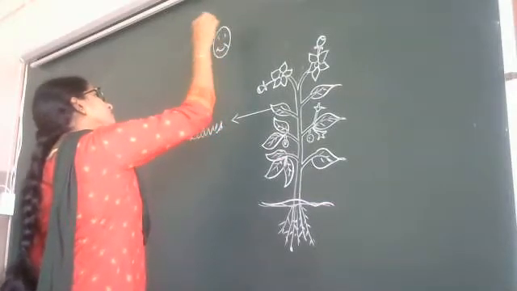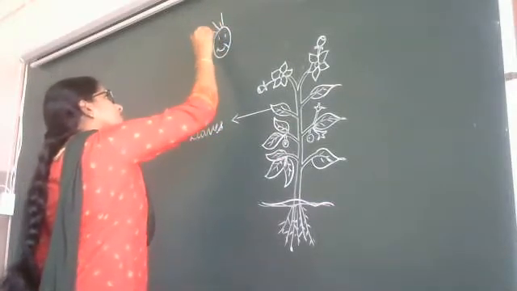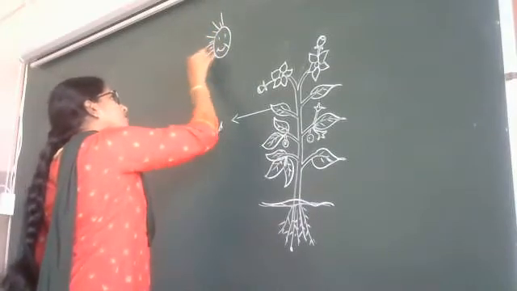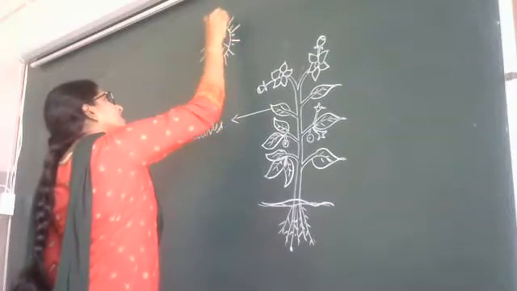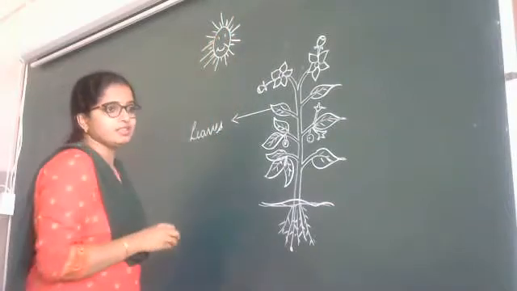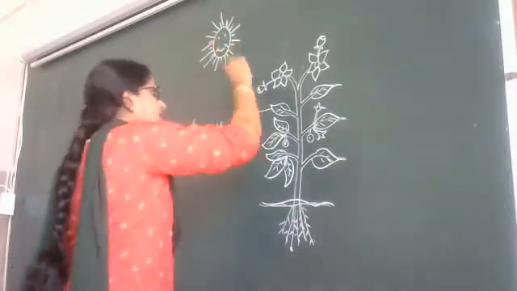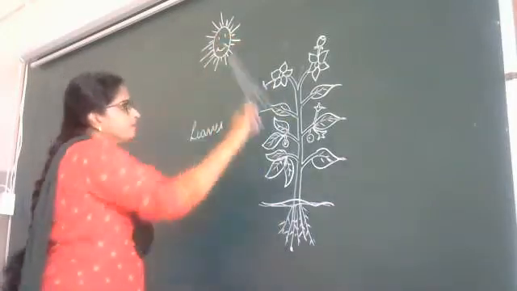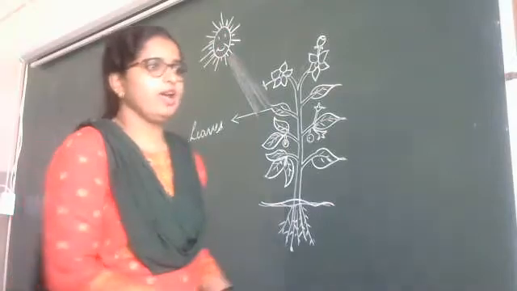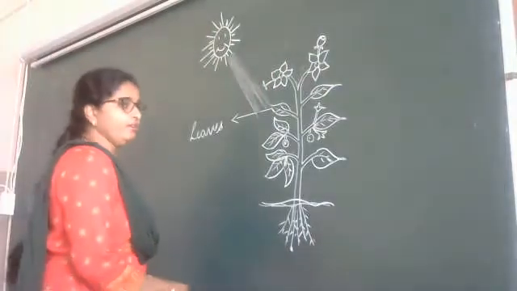Children, how does it prepare food? Sunlight. Yes. It prepares food by using sunlight and water. Water from where? Which water? Rainwater.